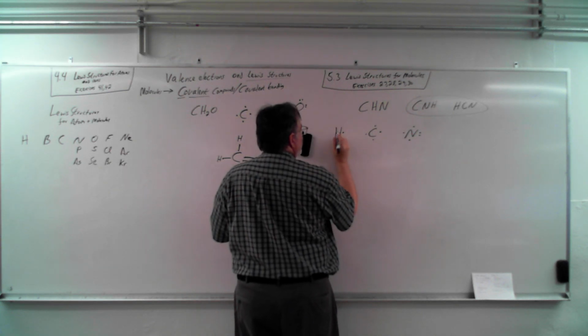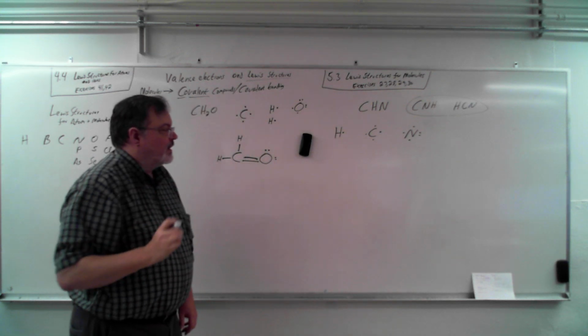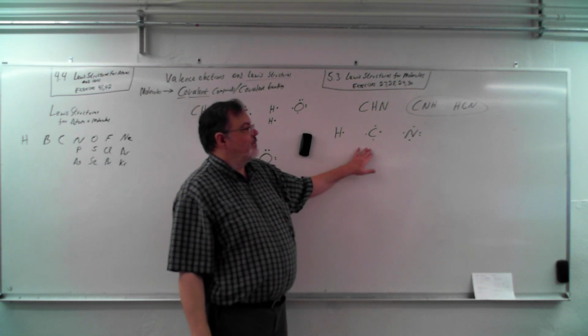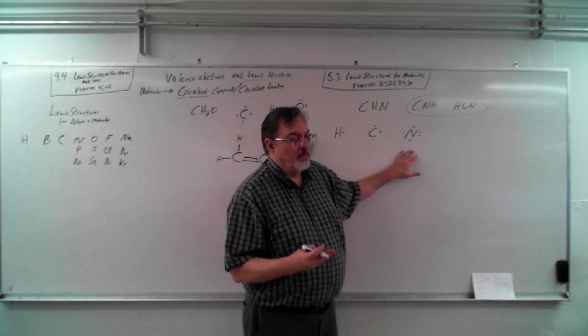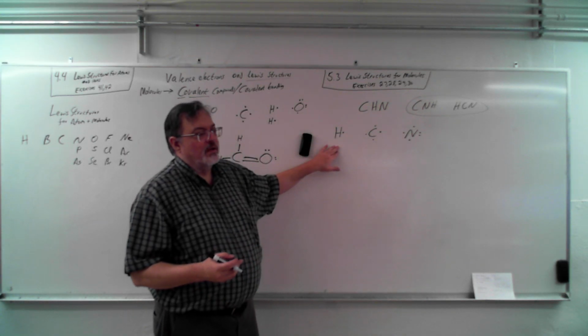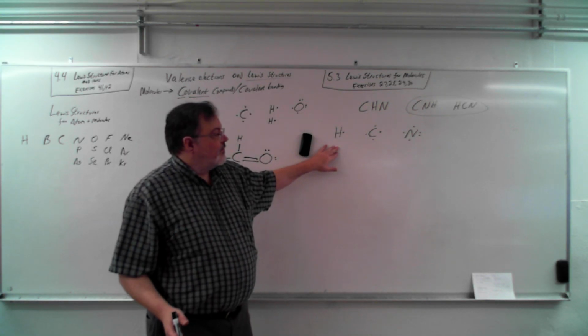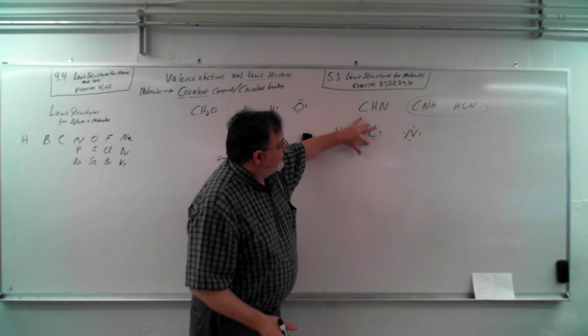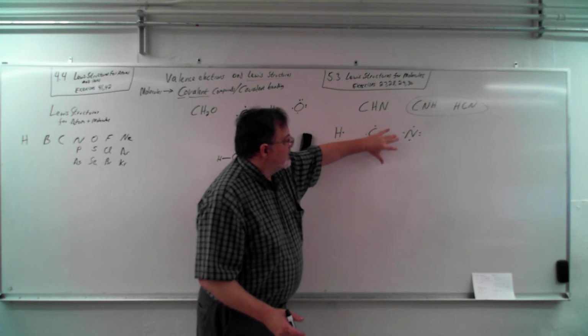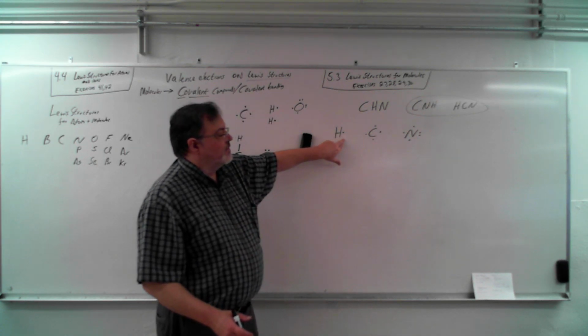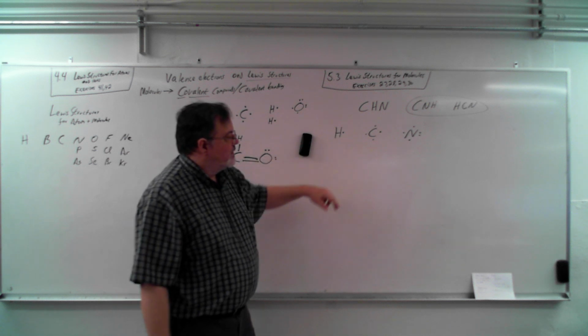If you were just trying to reason your way into what the structure would be, you can look at this and go, carbon makes 4 bonds, nitrogen makes 3 bonds, hydrogen makes 1 bond. You don't have to think too long before you realize 3 of the bonds from carbon go to the nitrogen, and the last bond from carbon will go to the hydrogen.